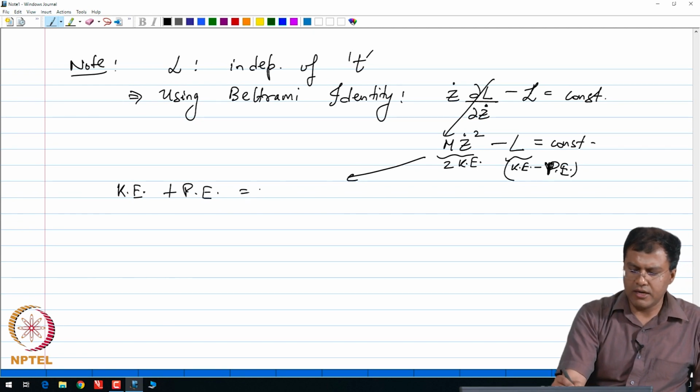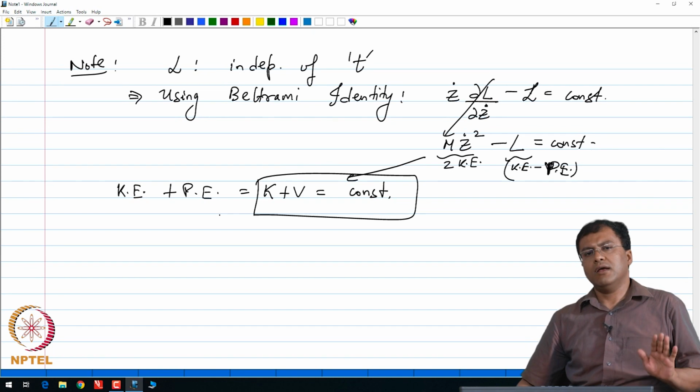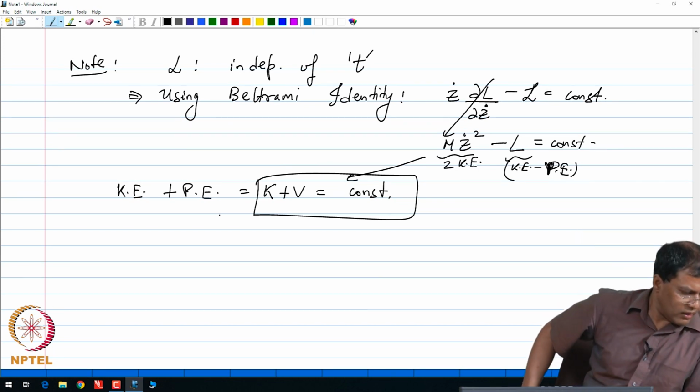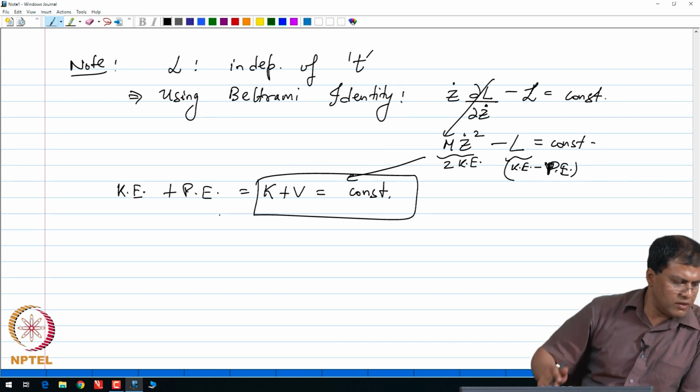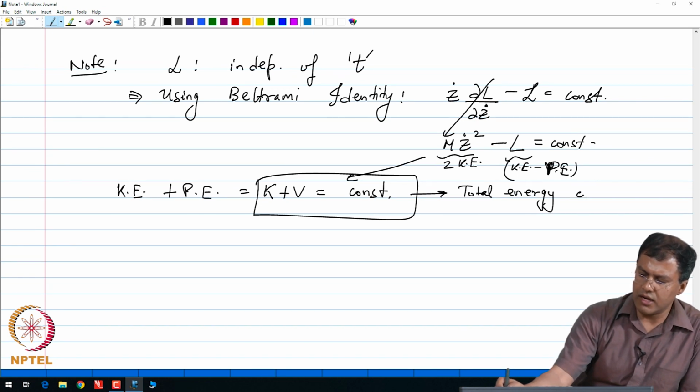Let me denote it by K plus V, which is also equal to a constant. The Beltrami identity is telling me again that the net energy is conserved in the system, so total energy is conserved.